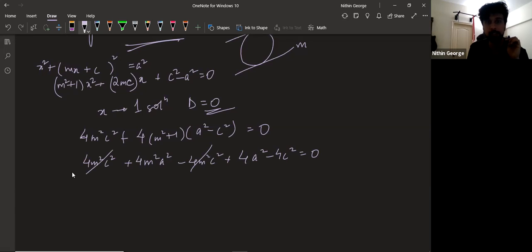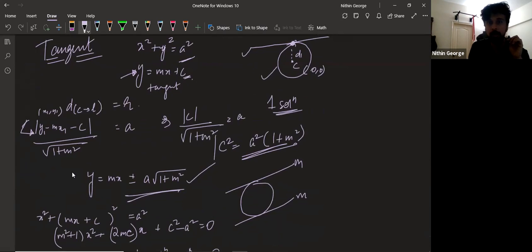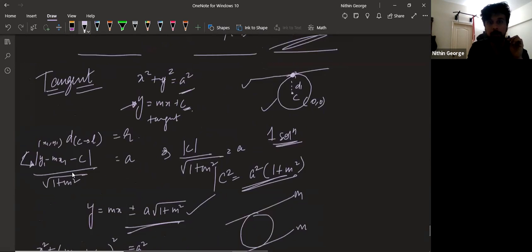M square c square cancels out, and 4 also cancels out. So from here I can say that c square will be equal to a square into m square plus 1. And this is what I obtained here: c square equal to a square into m square plus 1.